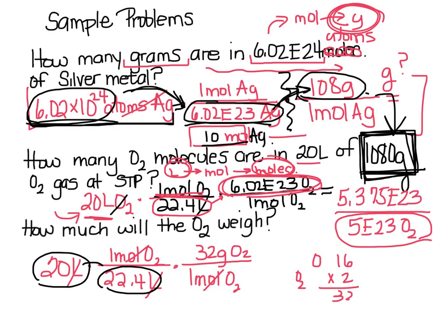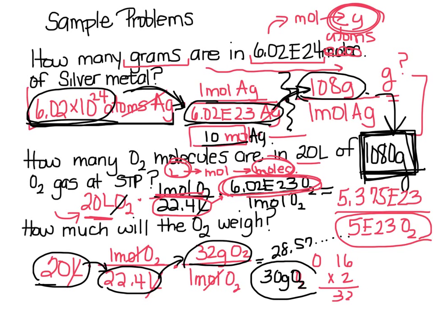First we'll divide, and then we're going to multiply. And I get 28.57... In theory, one significant digit, so we would actually round that to 30 grams of oxygen. And so that would be our final answer.